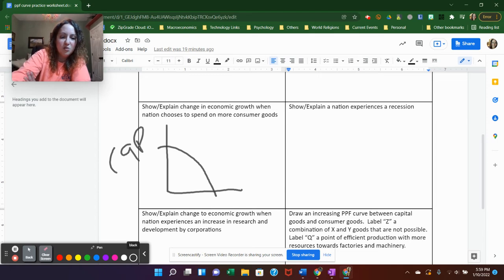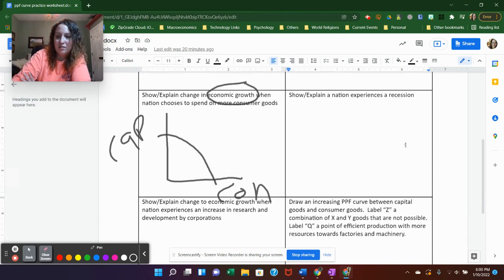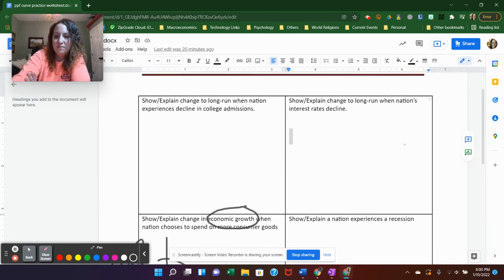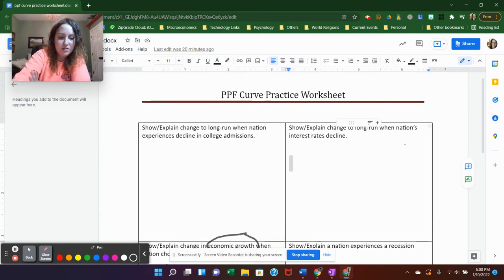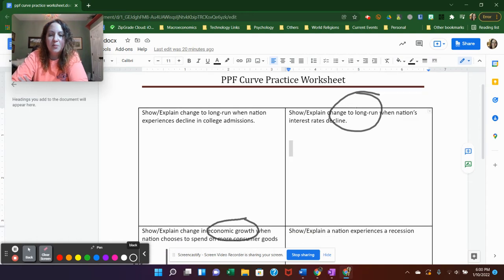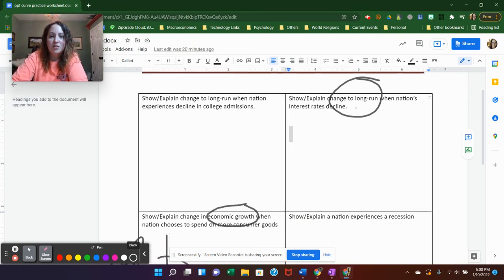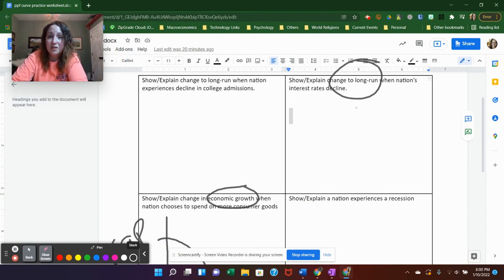So we got capital goods on the Y, consumer goods on the X. The next question is saying change in economic growth when a nation chooses to spend more on consumer goods. Okay, so this term economic growth, and also up here, long run, whenever you see these two words, they're kind of telling you an answer, because in the long run, there's going to be a shift, and economic growth is a shift.